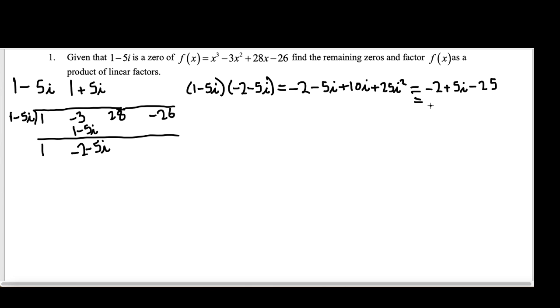And all of this works out to be negative 27 plus 5i. And that is what I put right here. Negative 27 plus 5i. And then I add, and that gives me 1 minus 5i.